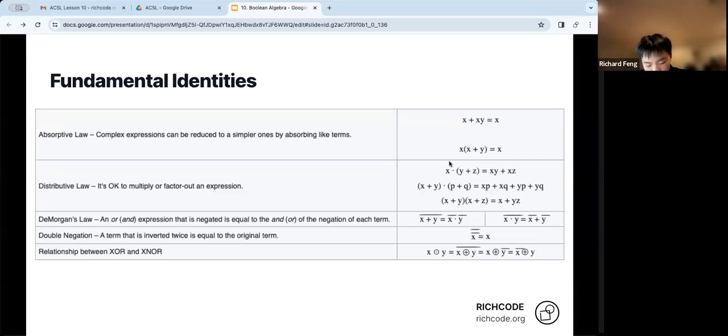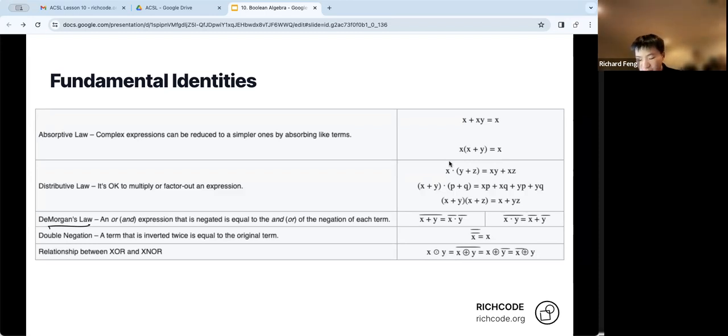Okay. The next law is super useful, and this one, you probably should know the name. It's De Morgan's law, which basically says an or and expression that is negated is equal to the and or or of the negation of each term.